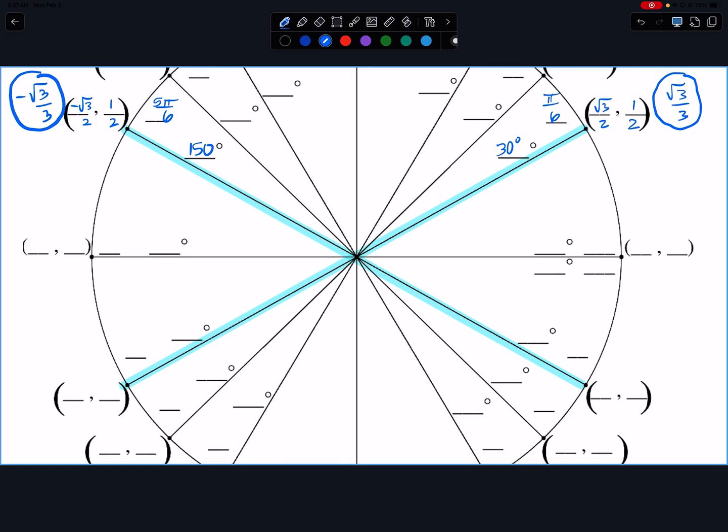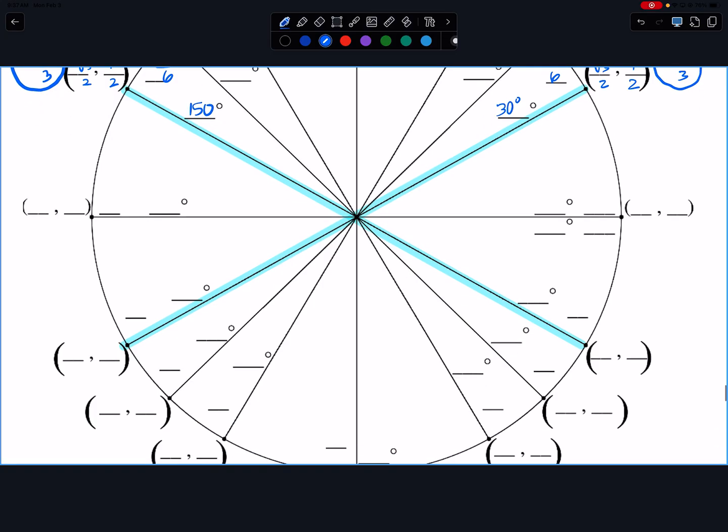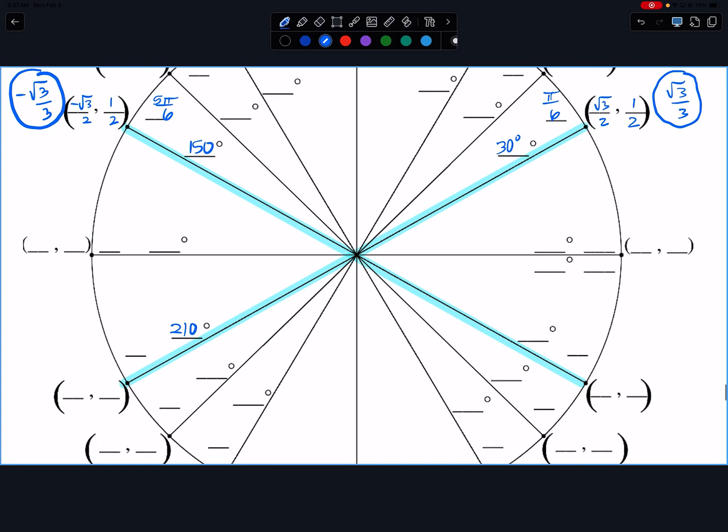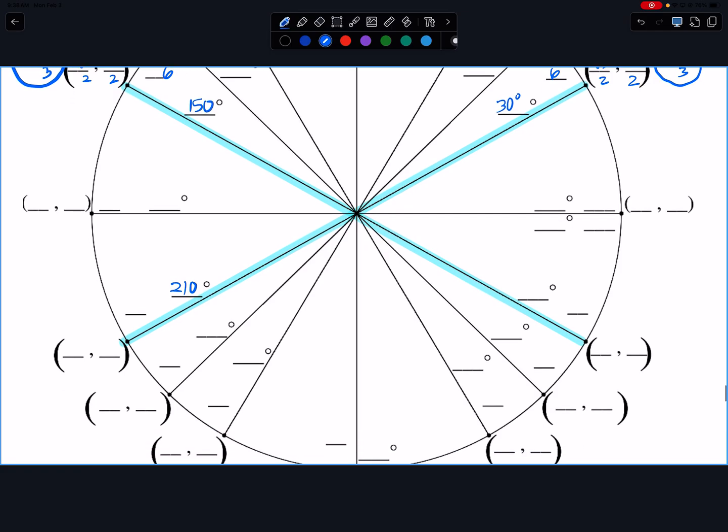Okay, for following this pattern, we know this is 180, right? That means I'm going to add 30 degrees to that angle to get to this angle. So what would be 180 plus 30? 210. So notice that this has a pi over 6, and so does this. This angle will also have a pi over 6. How many? 7. Good. So this is 7 pi over 6.